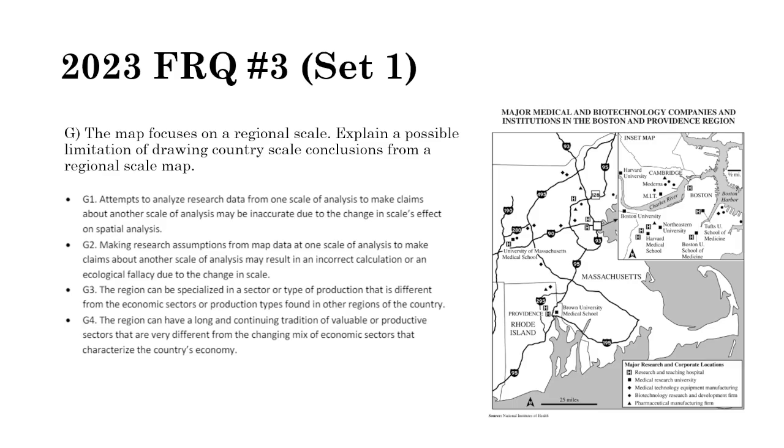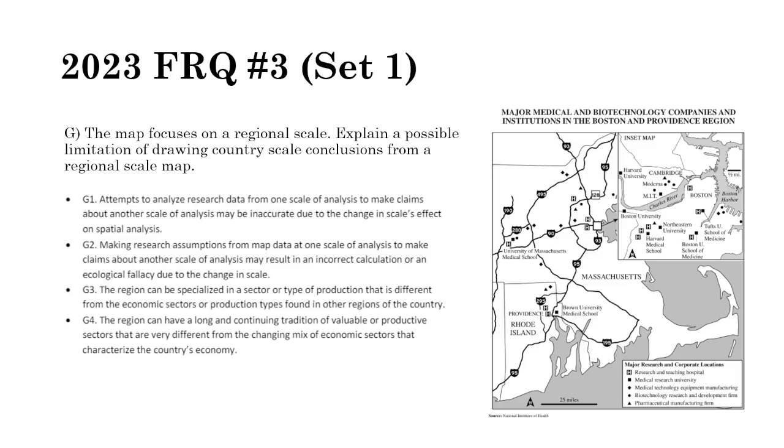Yeah. You could say, so making research assumptions from map data at one scale of analysis to claims about another scale of analysis may result in inaccurate calculations or ecological fallacy, or these are just fancy words. You could literally just say it's inaccurate because we're looking at different areas, because we're looking at different scales, and the world is different. That's essentially what they want you to say.